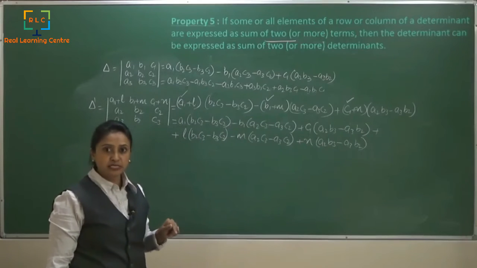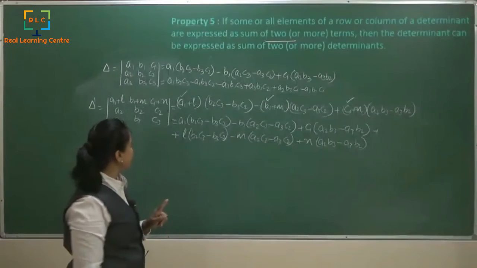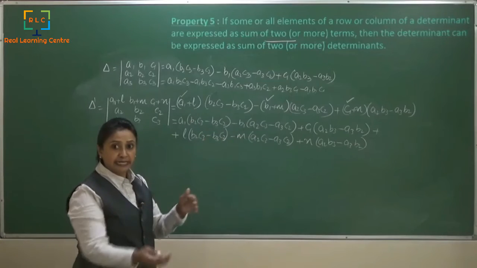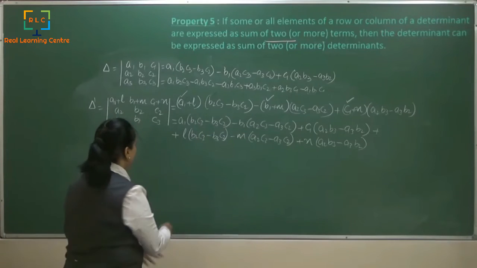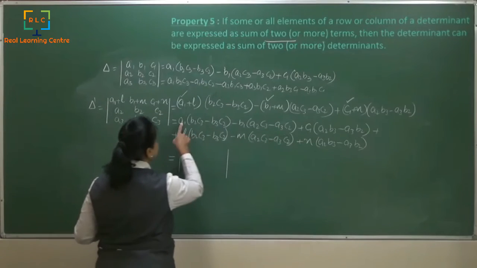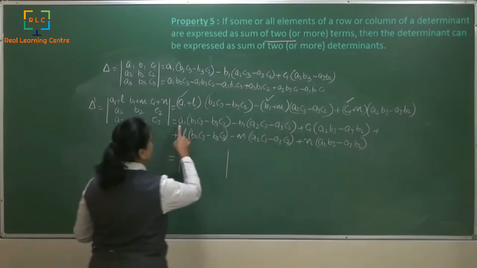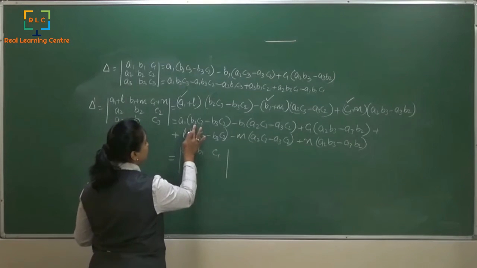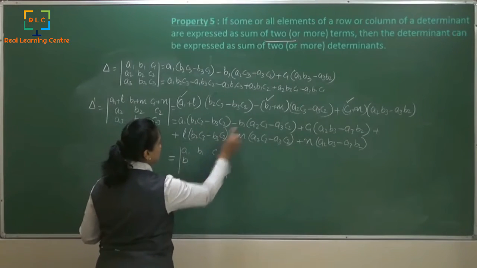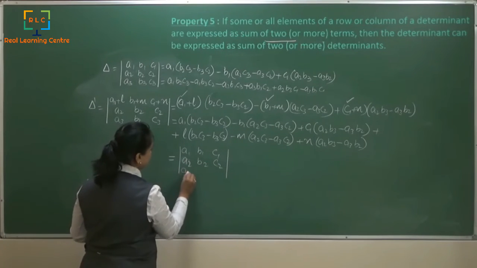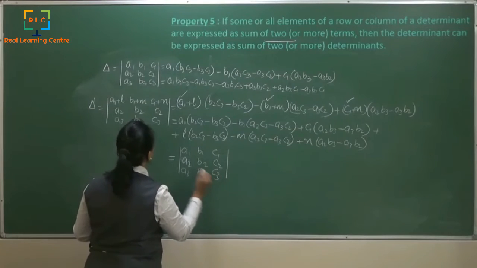So now I can break this up into two determinants, is it not? See, I am getting A1 into B2 C3 minus B3 C2 and so on. Writing that in the determinant form, I will get this equal to the determinant of, the first row elements, A1 B1 C1, then A2 B2 C2 and then A3 B3 C3.